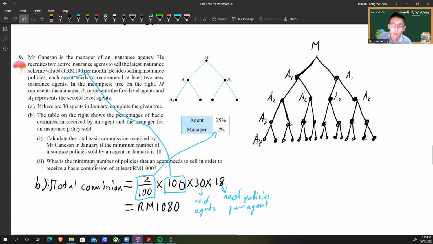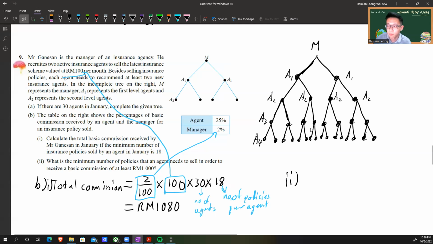Then B2: the minimum number of policies that an agent needs to sell in order to receive a basic commission of at least 1,000 ringgit. So this is only on the agent themselves. An agent will receive 25% commission.